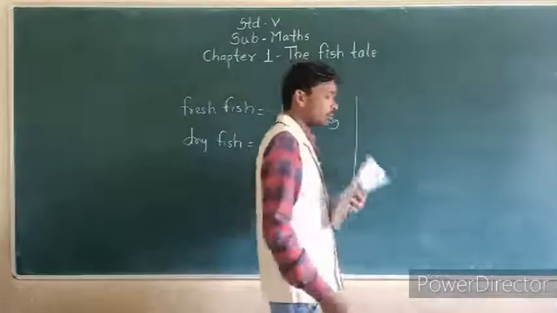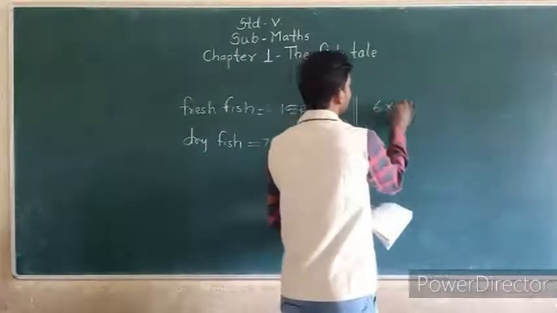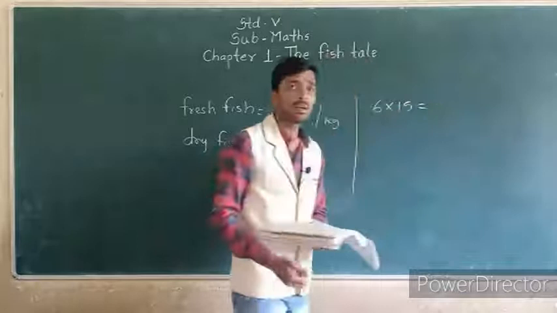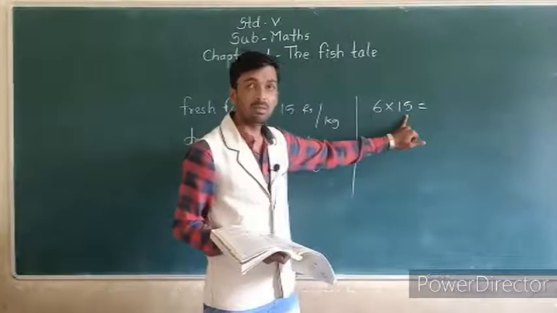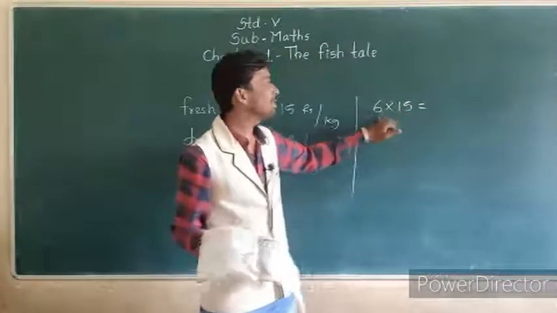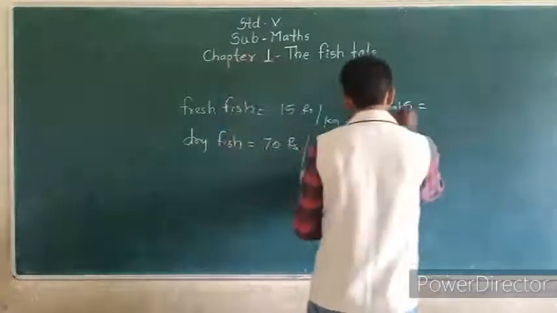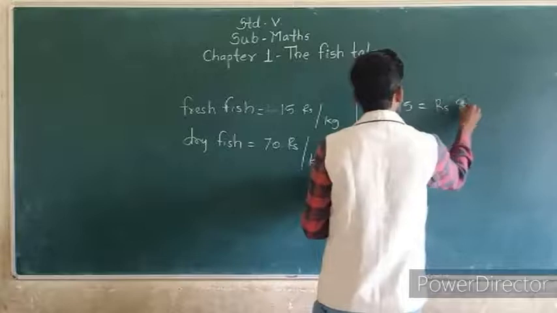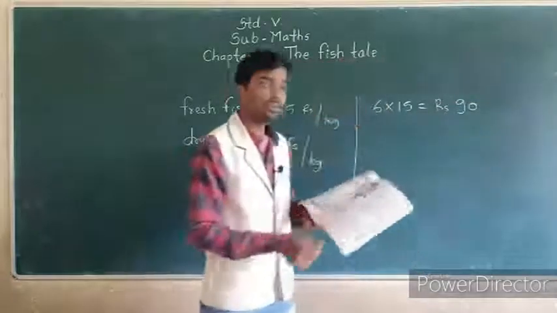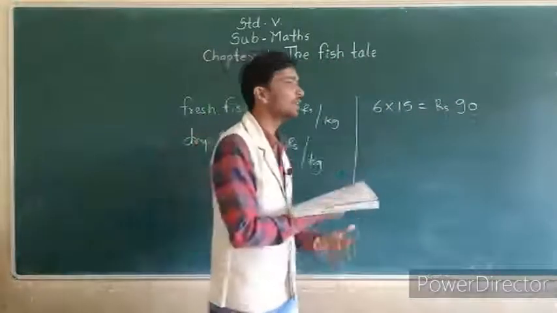So to find this, we multiply 6 into 15, because the rate is 15 for 1 kg and they buy 6 kg. 15 6s are 90. So you write 90 rupees.